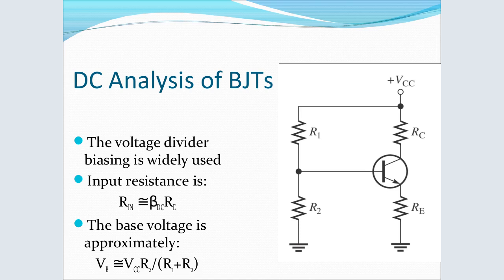So those are approximations on how you can compute, for instance, the base voltage as VCC times R2 over R1 plus R2. R1 and R2 come in as a result of the voltage divider, VBD, which we normally call the voltage bias divider.